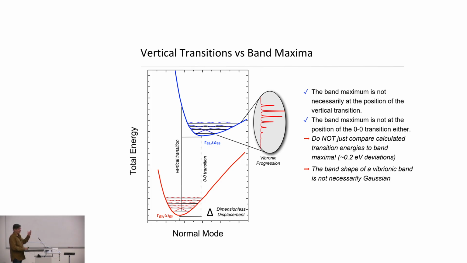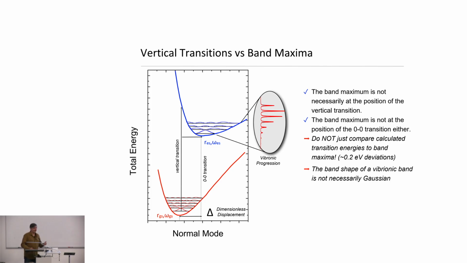So in the case where you have vibrationally resolved structures, you can deduce that excited state distortion from the vibronic progression. A different way to do that is to look at the resonance Raman spectrum, because the resonance Raman intensity is proportional to the displacement squared.